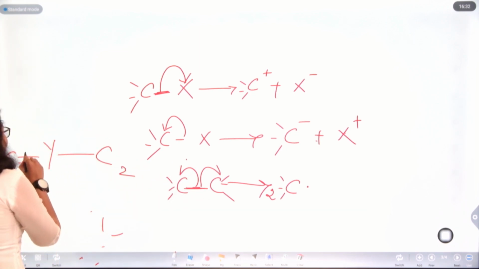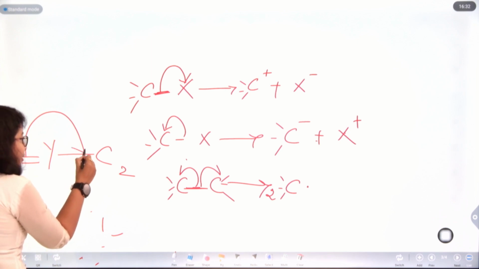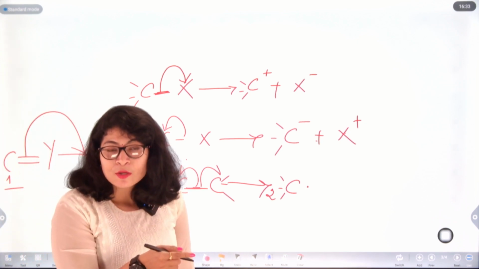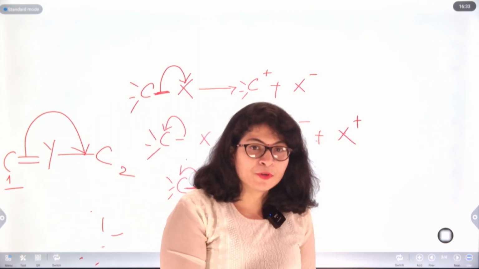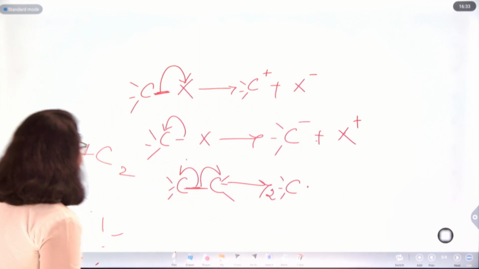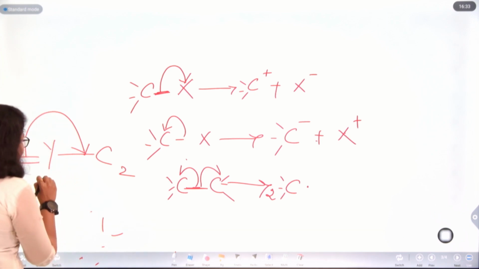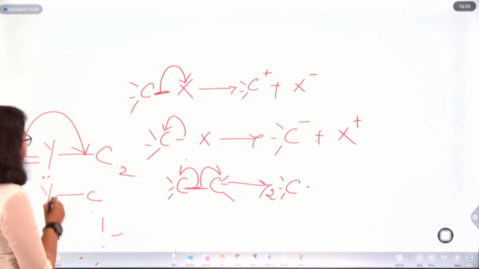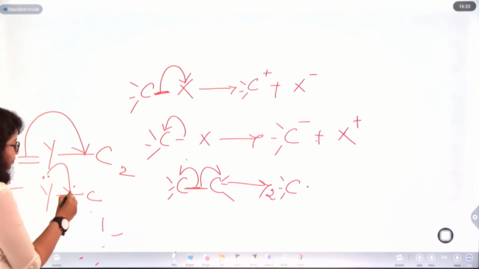The arrow will move from the side from where the electron is coming, and the arrow will lead to the place to which the electrons are getting transferred. If I have to show there is a lone pair of electrons on Y and it has to pass through this carbon or this bond, then it will be shown like this.